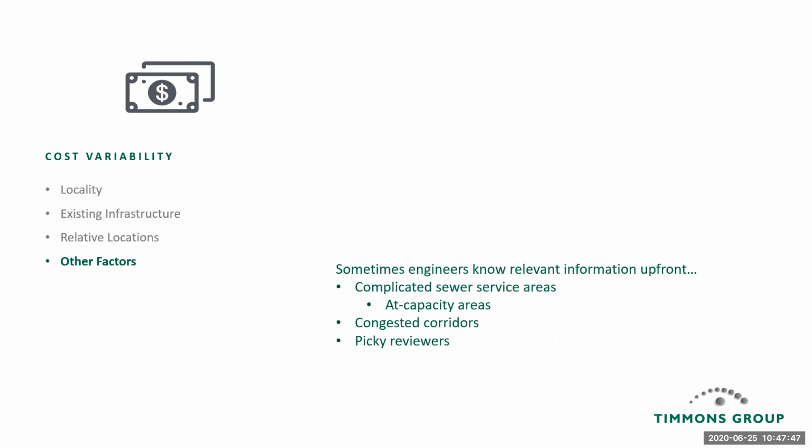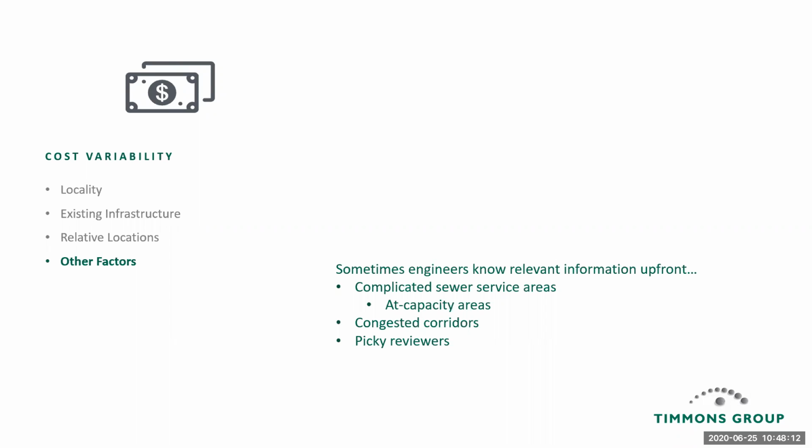And then sometimes engineers recognize that certain localities or certain reviewers are pickier than others. And so we will account for that, knowing that we might have to go through several rounds of review and comment before an approvable capacity solution is determined.